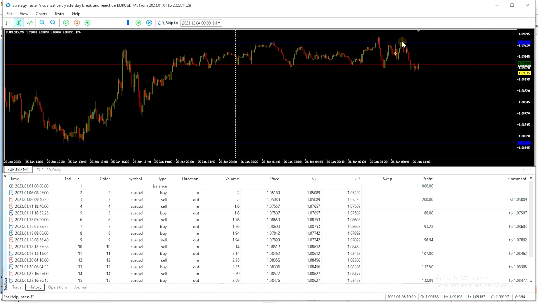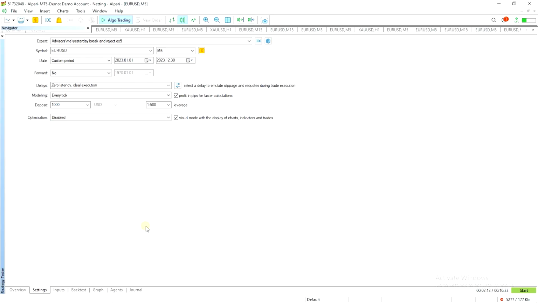So here we can see it detects a range, and in that time it opened a sell position here, and it didn't wait until the price goes back to the high of this range. Just the time it detects the range, it opened a sell position. It had 60% loss, so if we put buy limit and sell limit at the high and low of the range, it would work better.